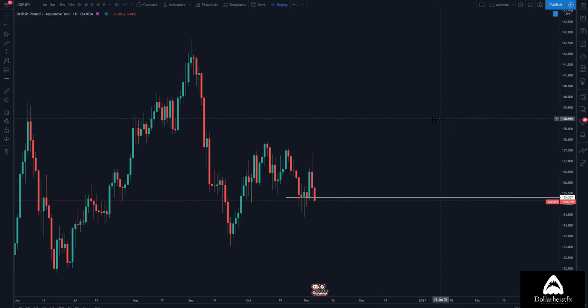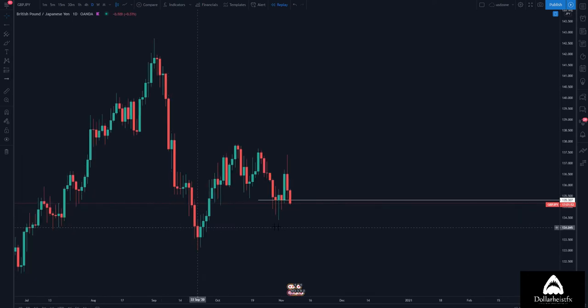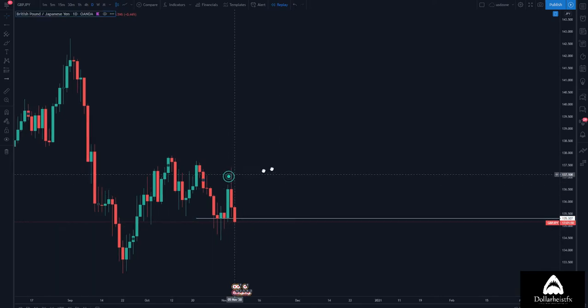which is another software that also displays the graph, but I prefer to use TradingView because it offers more tools. It offers a replay button. It offers indicators which MetaTrader did not offer.